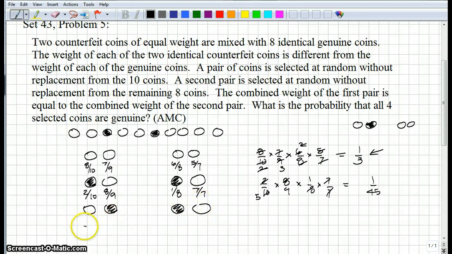Or we could draw the counterfeit and then the genuine, and then another genuine and a counterfeit. And over here we could draw a genuine and a counterfeit. So the other possibility would be a genuine and a counterfeit.